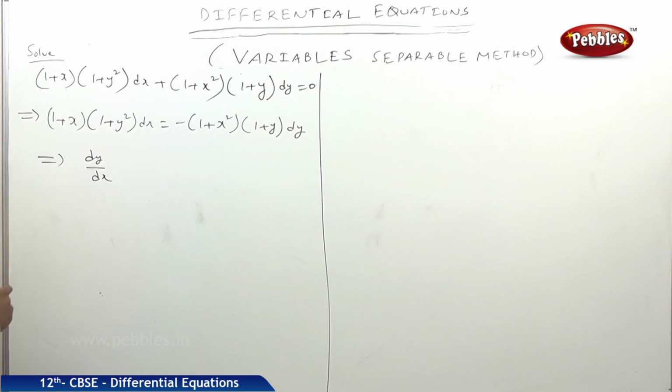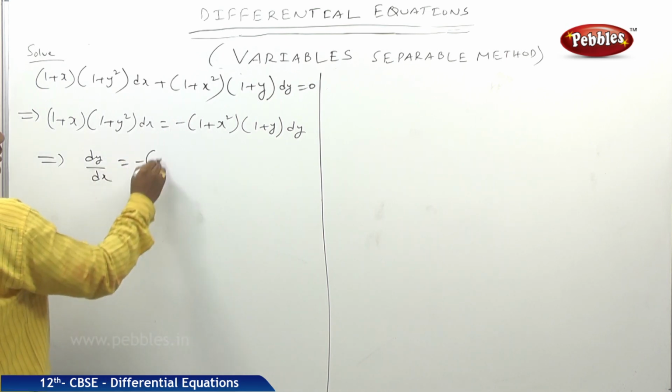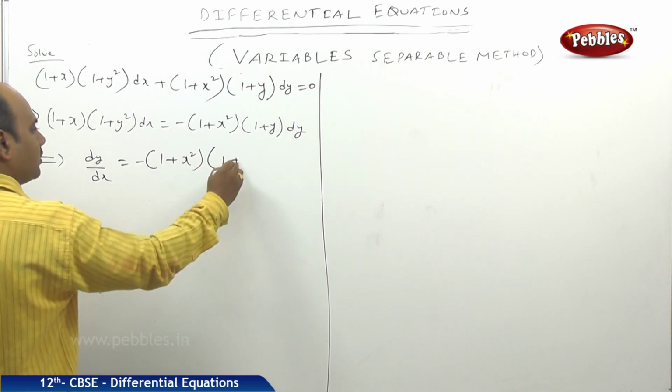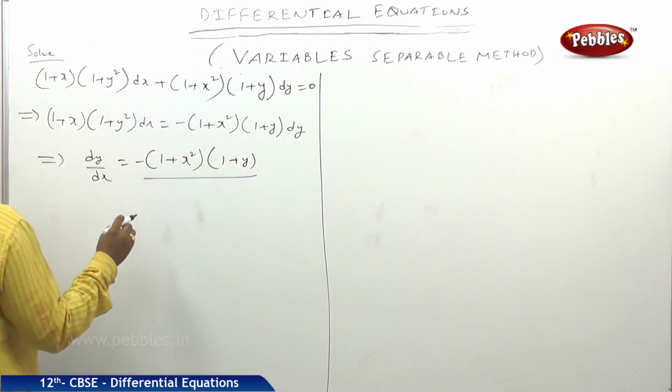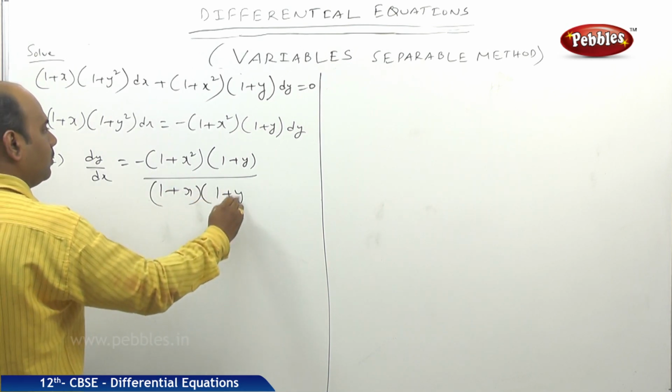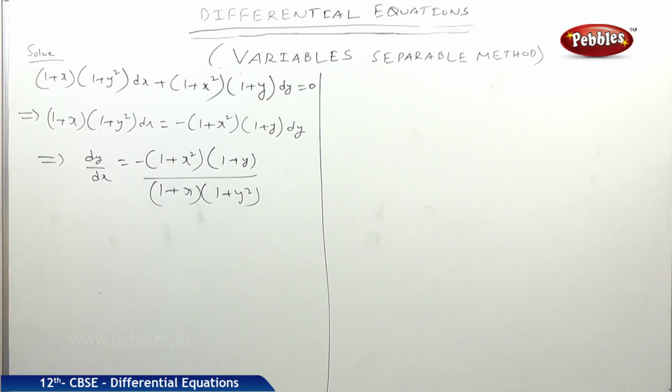So making dy by dx like this, the problem turns into: minus of 1 plus x square into 1 plus y divided by 1 plus x into 1 plus y square. I think this is clear. Upon cross multiplication, I think we'll get the same thing, right?